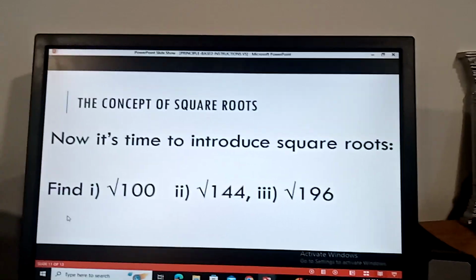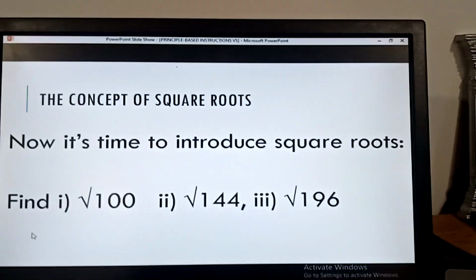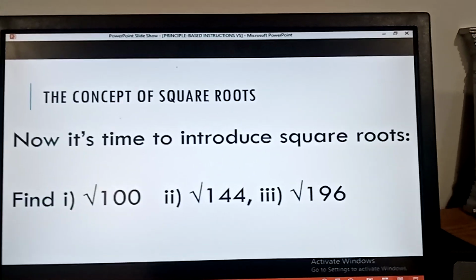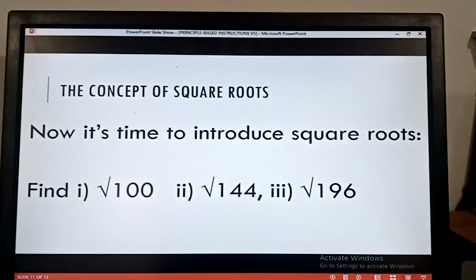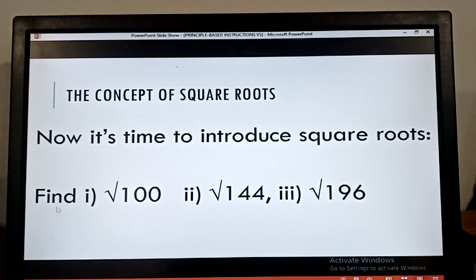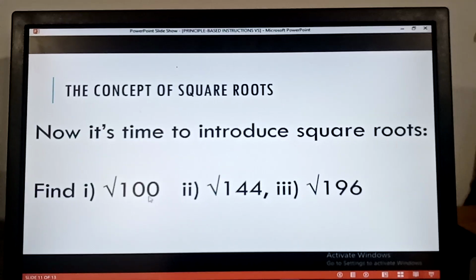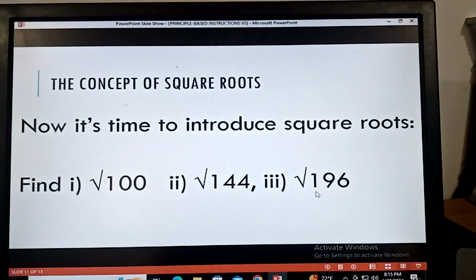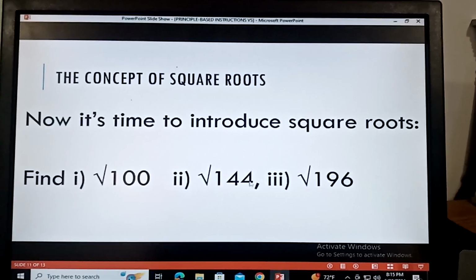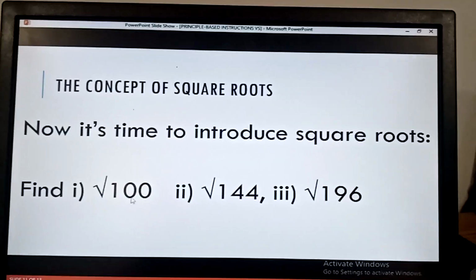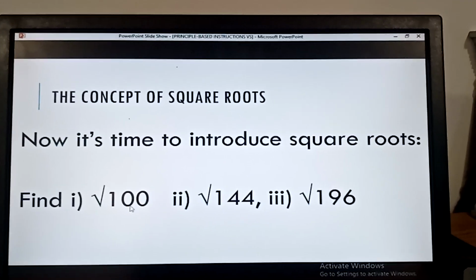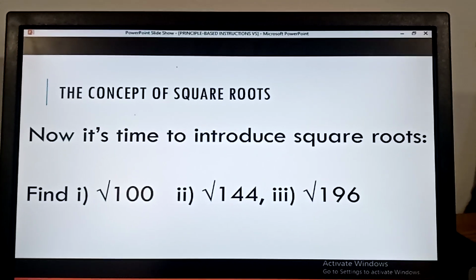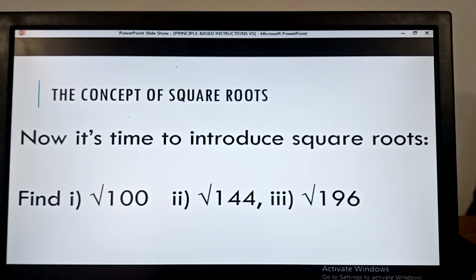Now, if I have taken the students through that, and now I want to introduce square roots, and for example, I say, find the square root of 100, find the square root of 144, find the square root of 196. From here, the child will fall back to the previous knowledge of what perfect squares are. A perfect square is the product of a rational number multiplied by itself.